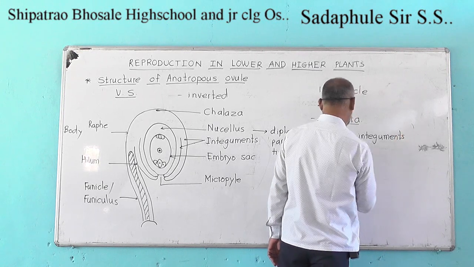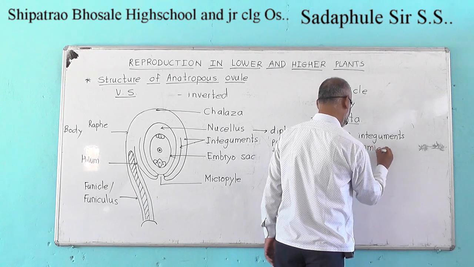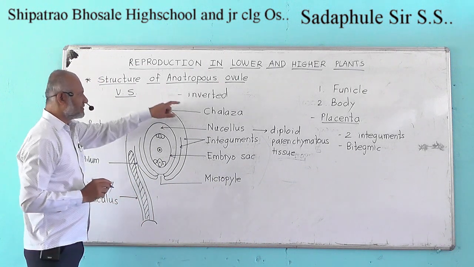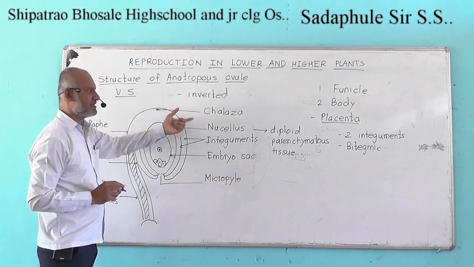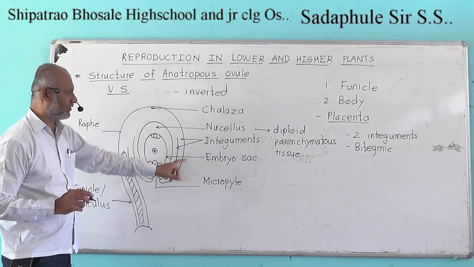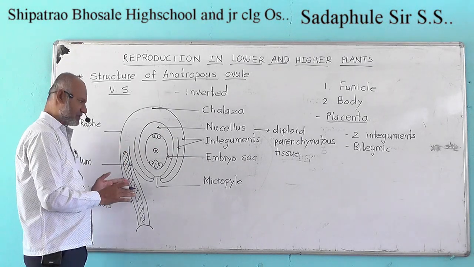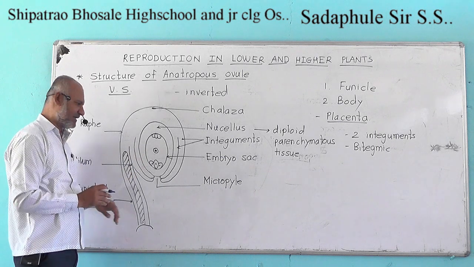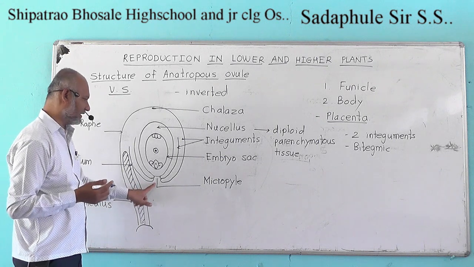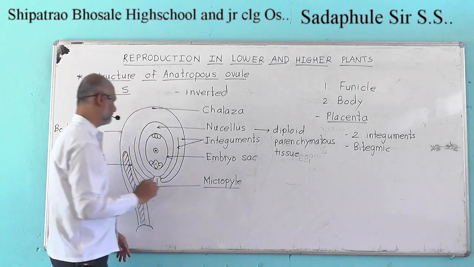Hence such ovule is termed as bitegmic ovule. Then the next part is the chalaza, the basal part of the body from where integuments arise. These integuments cover the nucellus except at the tip, which shows a small opening termed as micropyle.